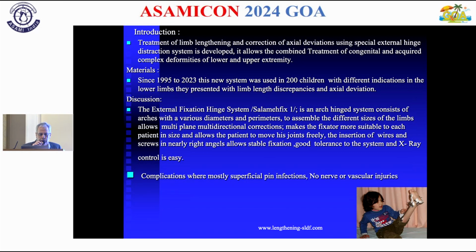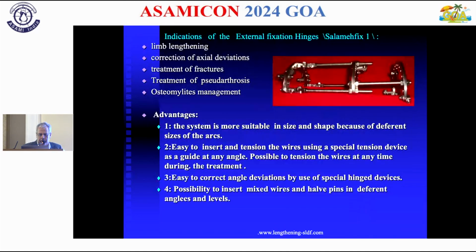It's easy to control and complications are very rare, mostly superficial pin infections. Yesterday we saw those principles. See, there are half rings with different hinges, and the diameter can be adapted to the patient.